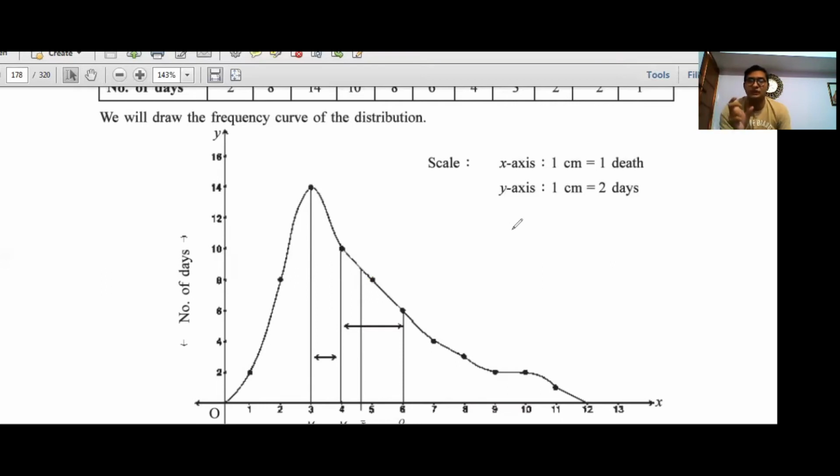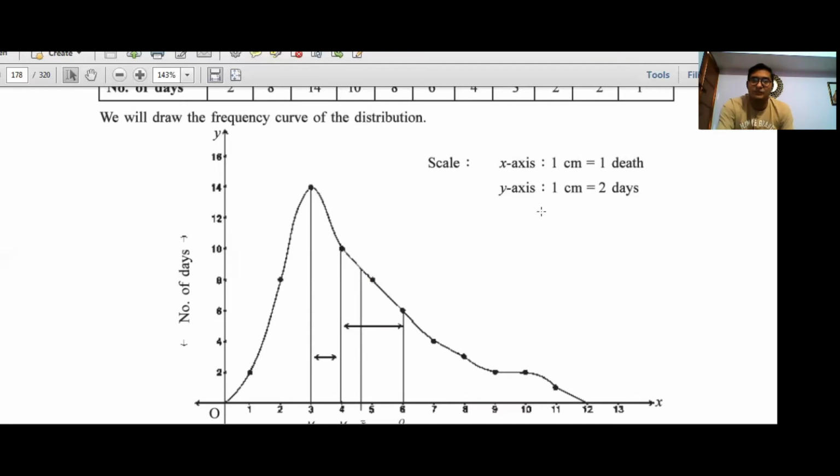So due to this, skewness arises. And now there are two types of skewness, positive as well as negative. So here it is more elongated to the right hand side, so we call it positive skewness.